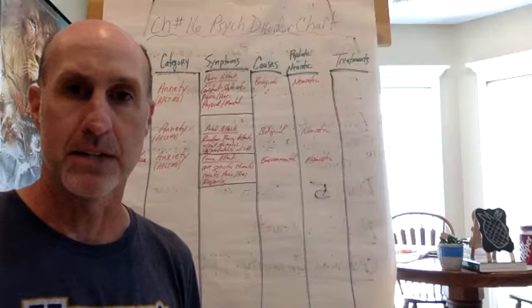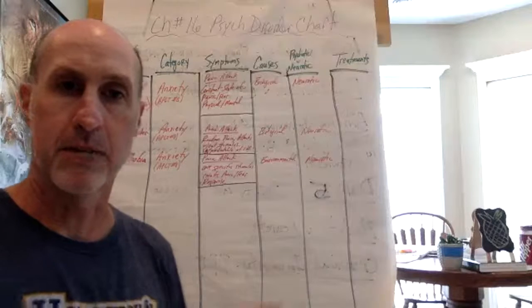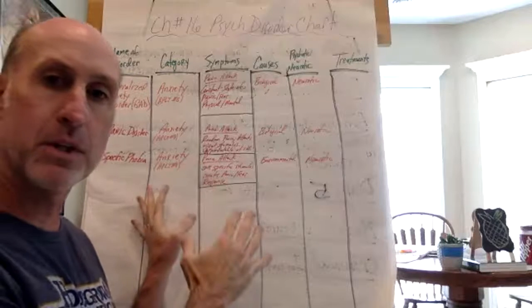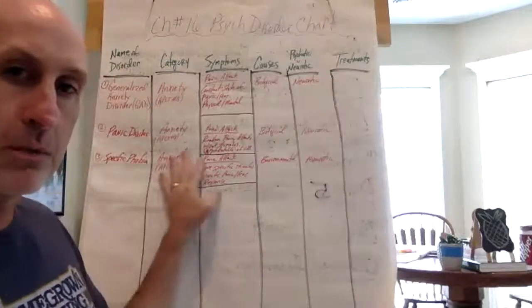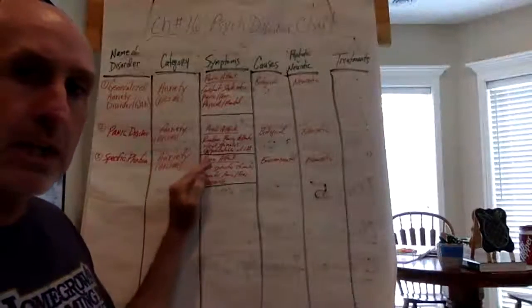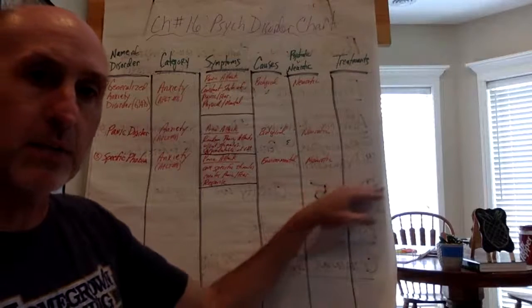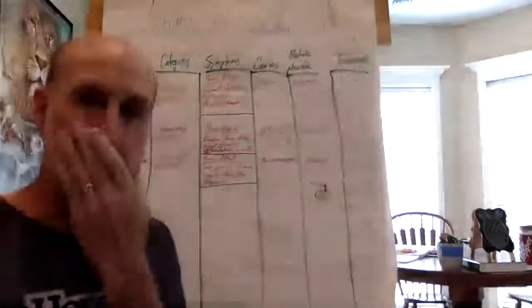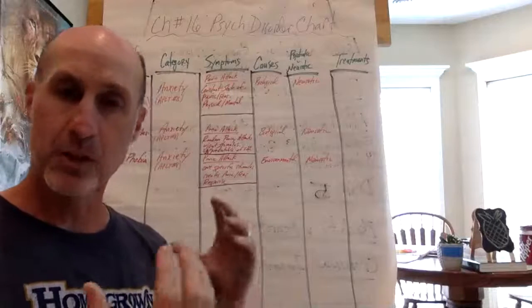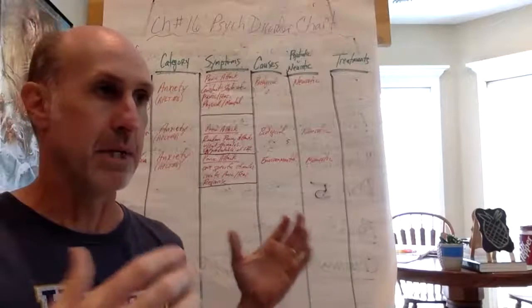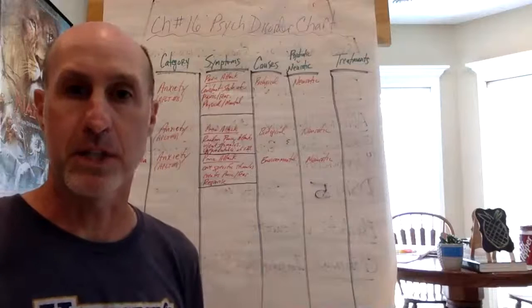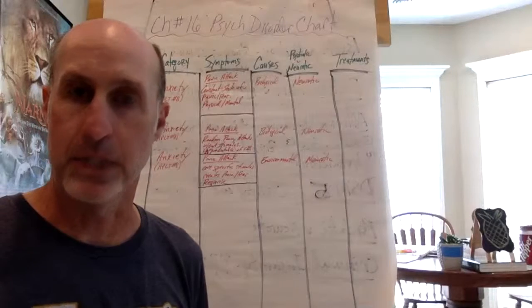Every disorder that we talk about will be in the first part of the chart, and we'll take notes over the category, the symptoms, the causes, psychotic, neurotic, and then we're going to go back and put treatments in at the end. There'll be a lot of information on the chart, but it's easier to keep track of information as we talk through it.